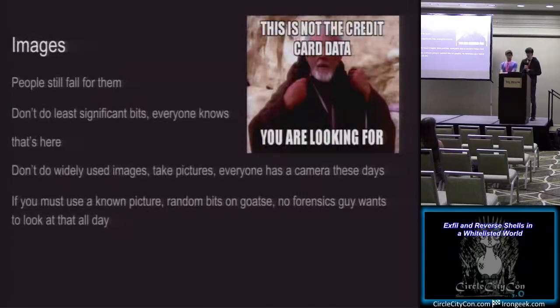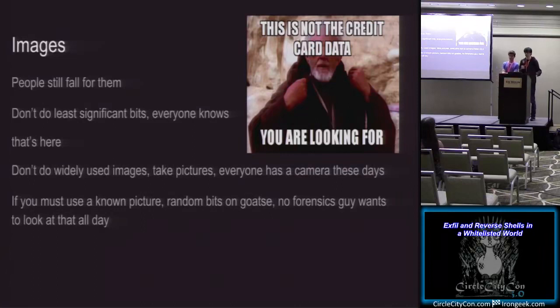So another interesting way to do this is using images. With Twitter, you can post images, and so you can actually get hidden messages inside of memes. And as we said, you don't really want to use commonly looked for crypto.